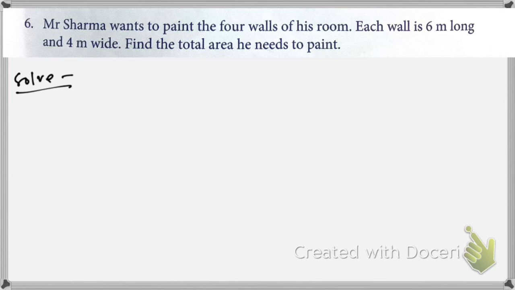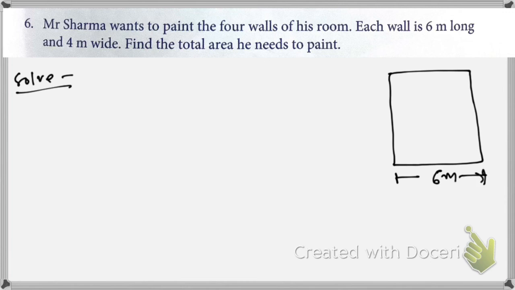So in his house he has 4 walls. Each wall is 6 meter long and 4 meter wide. Find the total area he needs to paint. So this is one room, this is one wall, and this is 6 meter long and 4 meter wide.